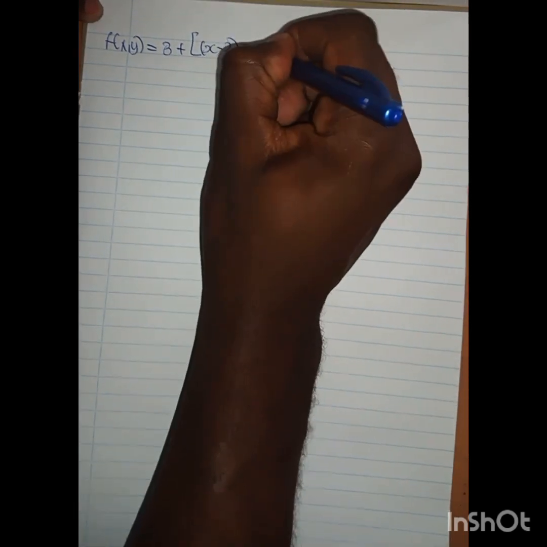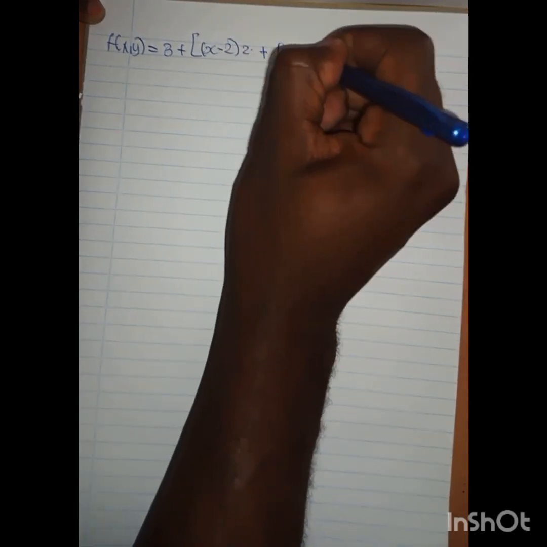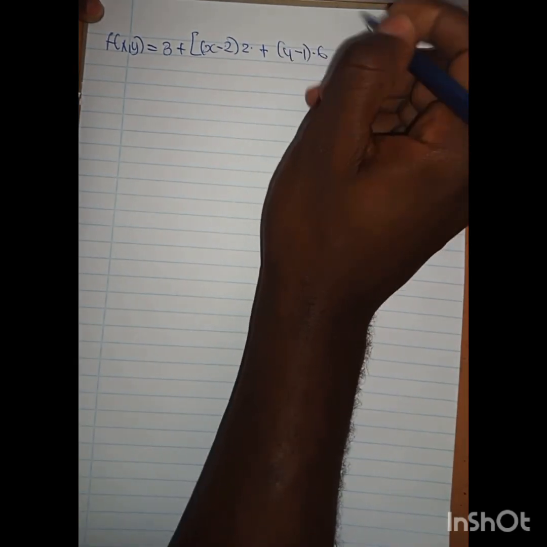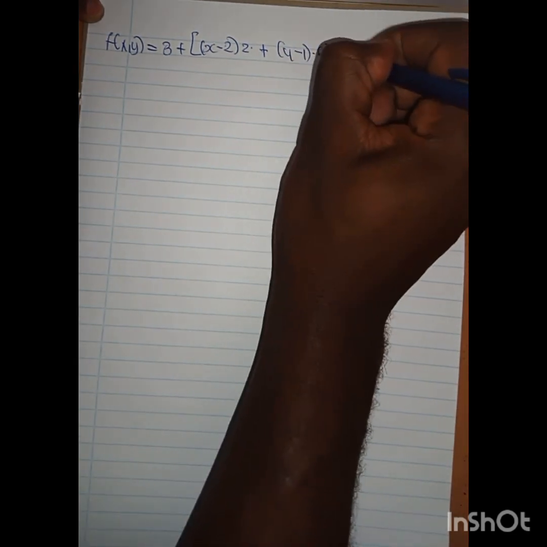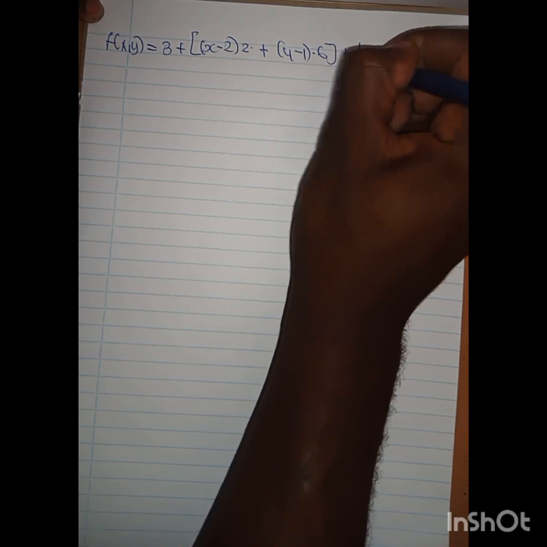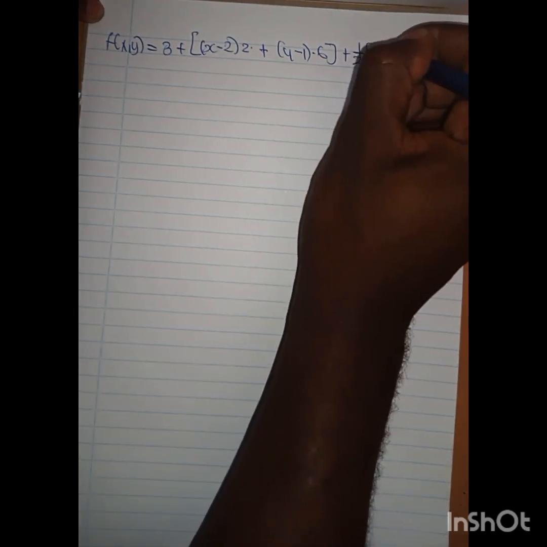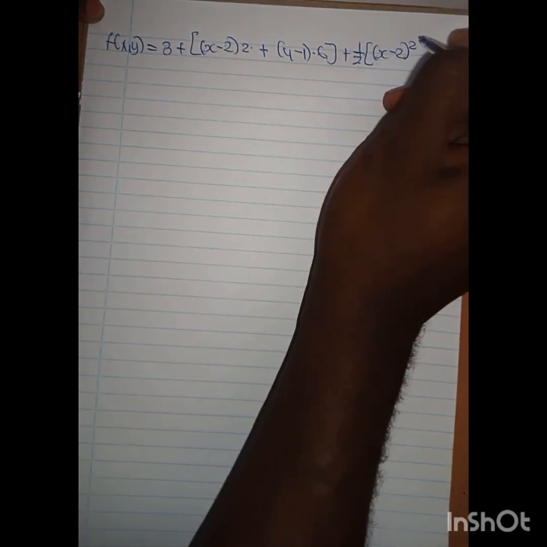We found 3 plus (x minus 2) multiplied by 2 plus (y minus 1) multiplied by 6 plus 1 over 2 (x minus 2) all squared.